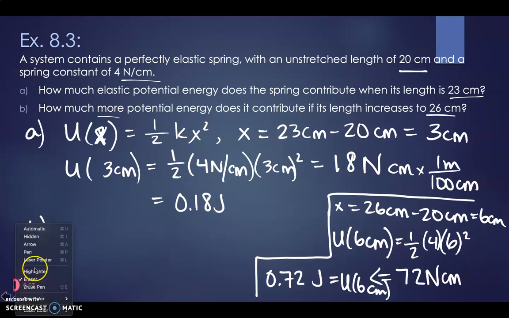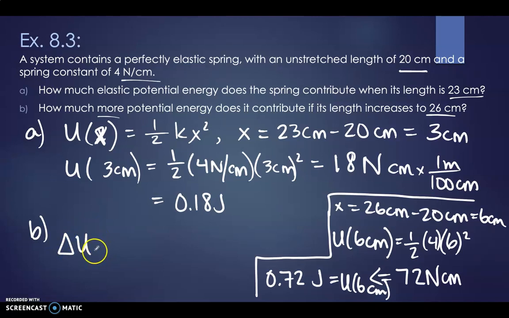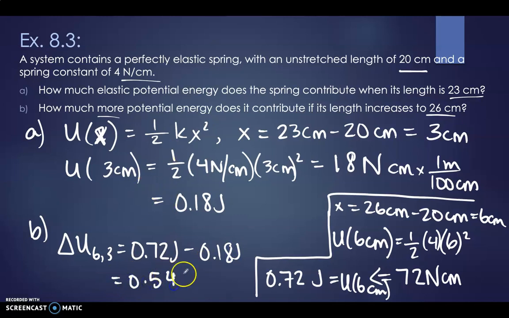So delta U is going to be 0.72 joules minus 0.18 joules, and that gives me 0.54 joules.